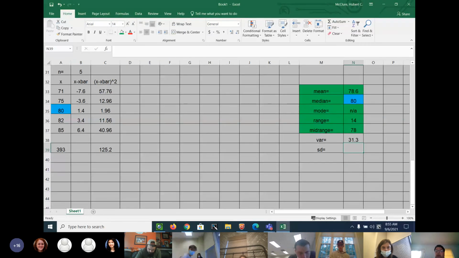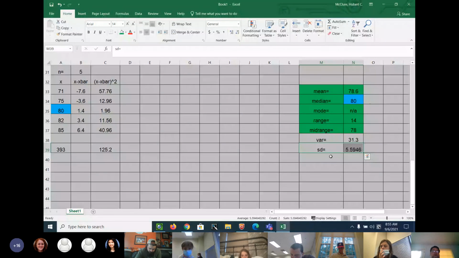All right, and then take the square root of that and raise that to the 0.5 power. And there is your standard deviation. Can anybody tell me what a layman's term for standard deviation is? Just a layman's definition. Anybody want to take a stab at it?